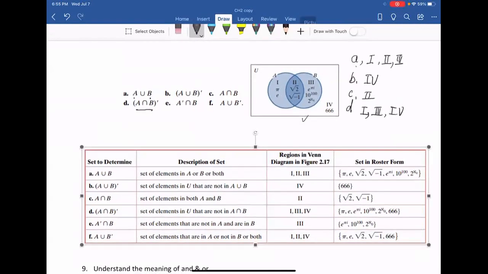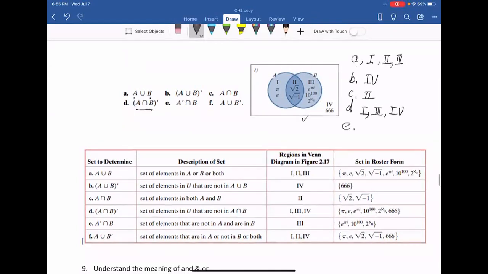Next one, number E. The complement of A intersects B. So find the complement of A, intersects B. Let's use a different color.